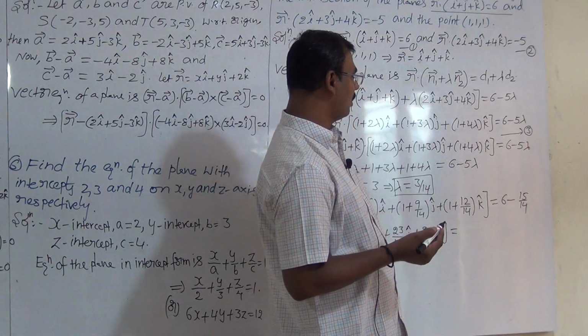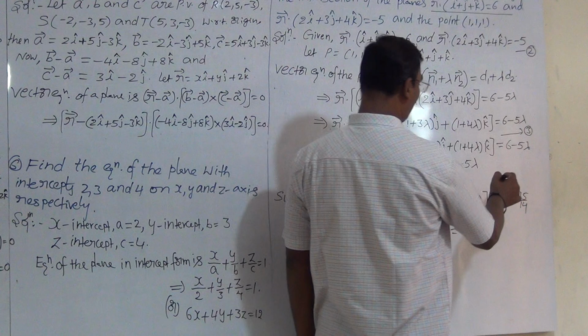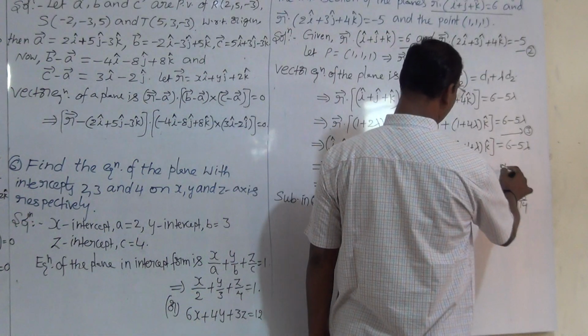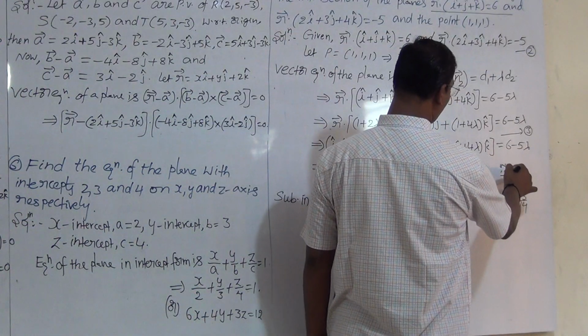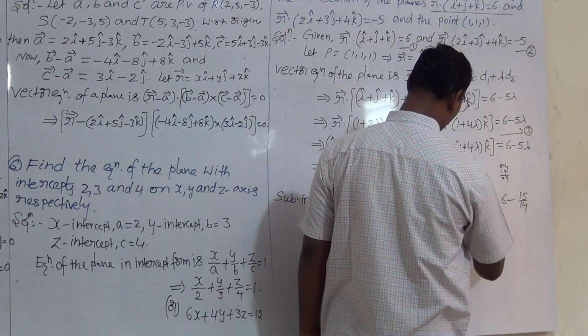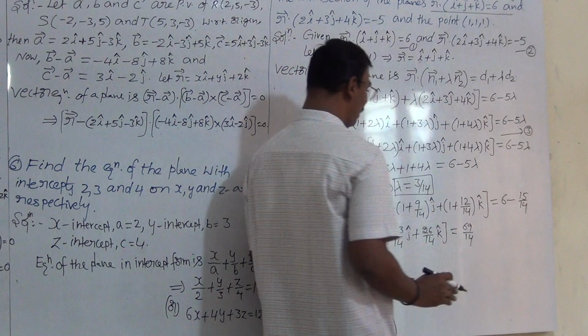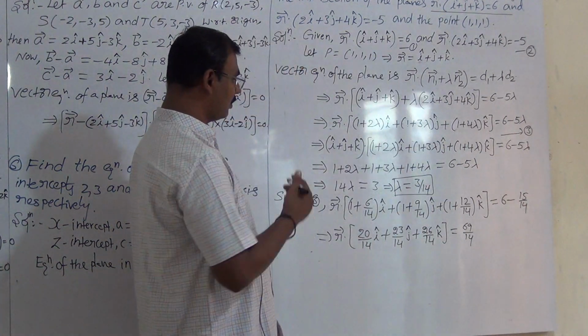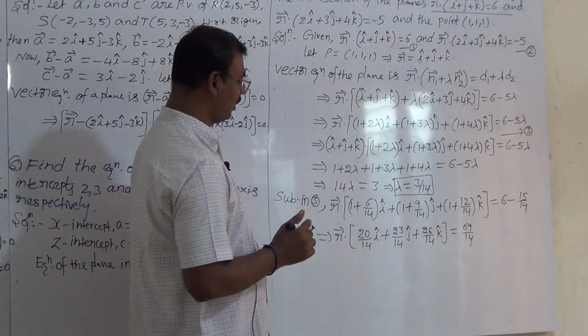How much? 84. 84 minus 15 is 69, so 69 divided by 14, that is 69 upon 14. Throughout, 14 cancels.